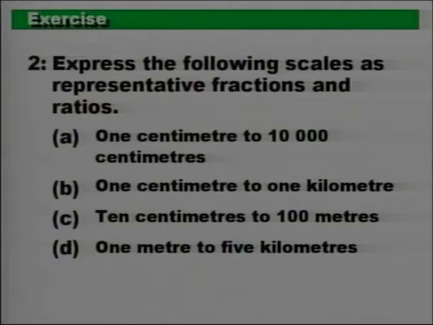When we've done that, we're going to move on to looking at construction using linear scales, and we're going to do the constructions in our exercise books also. I'll give you maybe 5 minutes to get those converted to representative fractions or ratio. Again, use the same idea as what we've done in converting first, so that you are putting them in the same ratio.